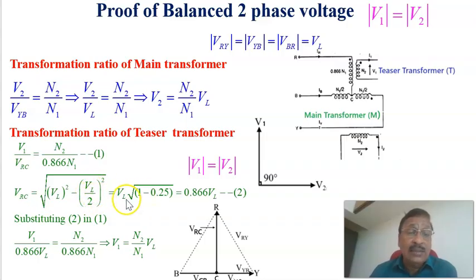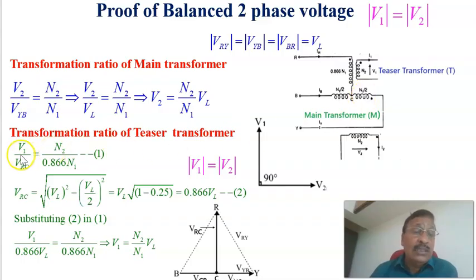Or you can get it as VL into root of 1 minus 0.25, which equals 0.866 VL. For this voltage, meaning that the voltage VRC is equal to 0.866 of the line voltage VL.